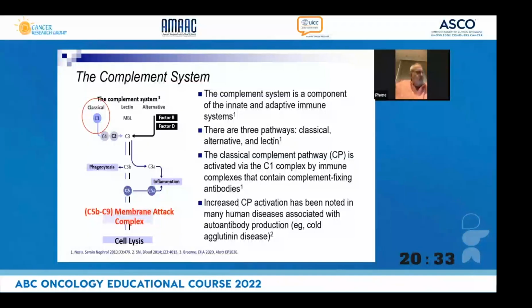As you see here in the right circle, that's how the classical system starts, and it ends up at the bottom with membrane attack and cell lysis. This is a very important piece of information in the new philosophy of the pathogenesis of ITP.